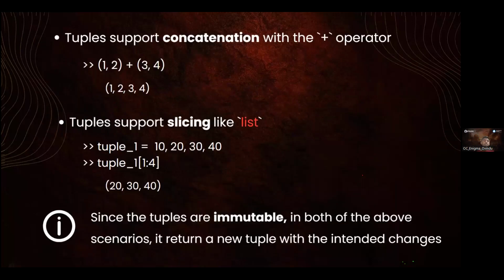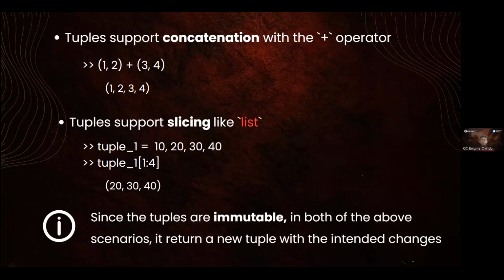Tuples similarly to lists support concatenation, but the difference is that a new tuple will be returned. So when you concatenate two tuples together, you will be returned a new tuple.